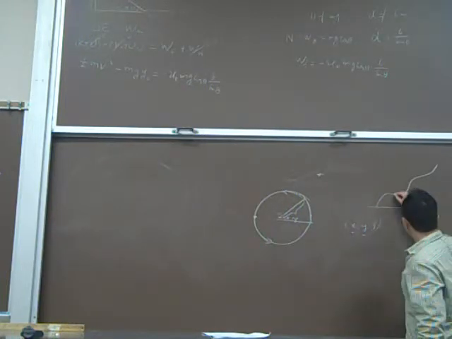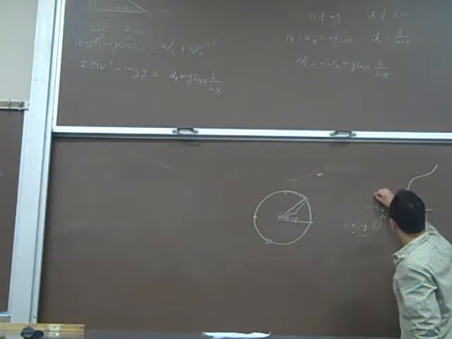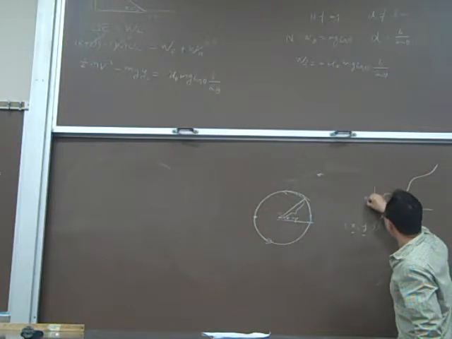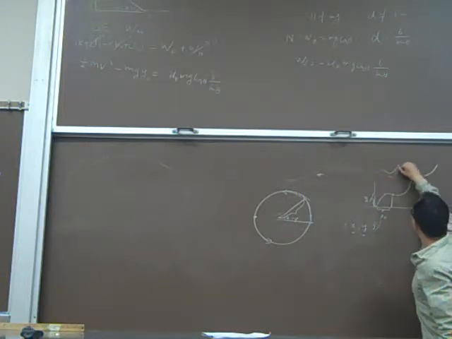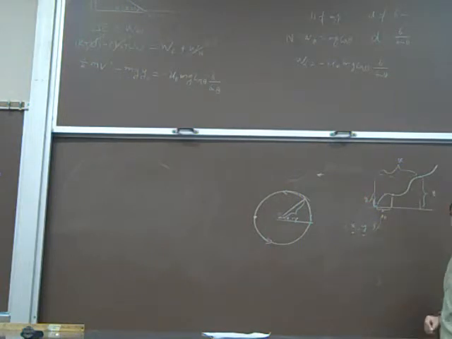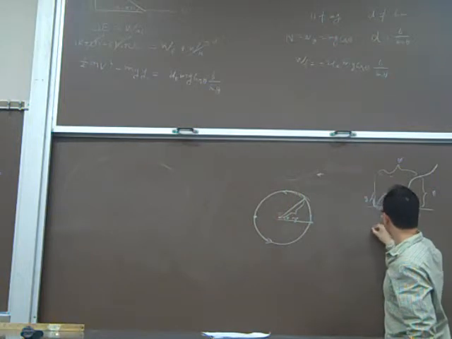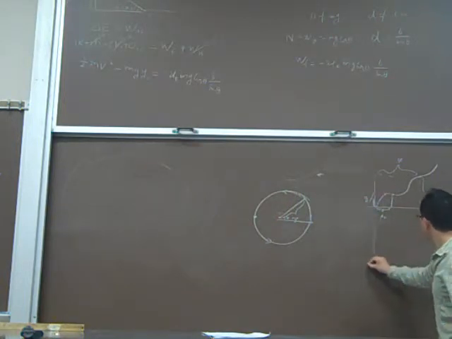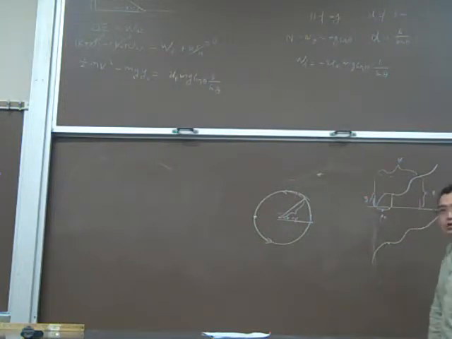In Cartesian coordinates, at this point you have the x initial here and this is y initial. And at this point, this is y, this is x, so you can find the position for different points along the motion. In polar coordinates, you can still do the same thing. If you have the same kind of motion, here is the initial point, here is the final point.